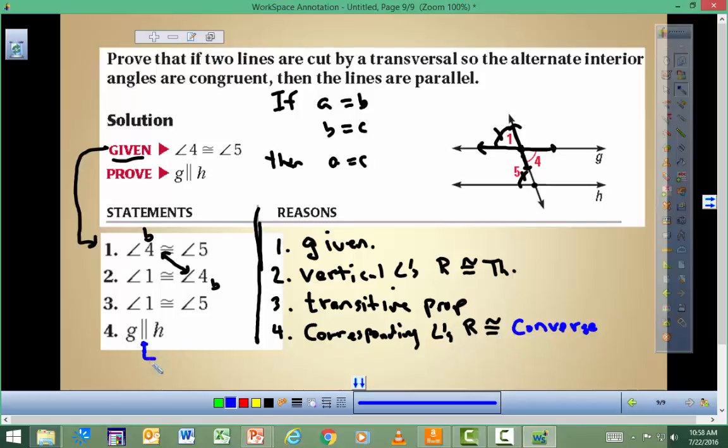So if you're trying to prove lines are parallel, like we did just now, you're definitely going to want to include the word converse in your description. We just showed that the corresponding angles are congruent. Since we did that, we can now honestly say those lines are parallel. So there you have it. We just did a proof. Well, we did half of it anyways.